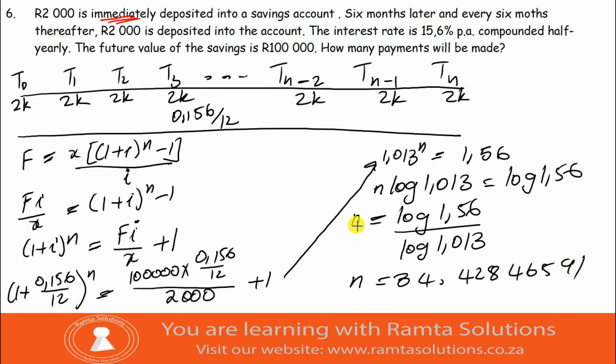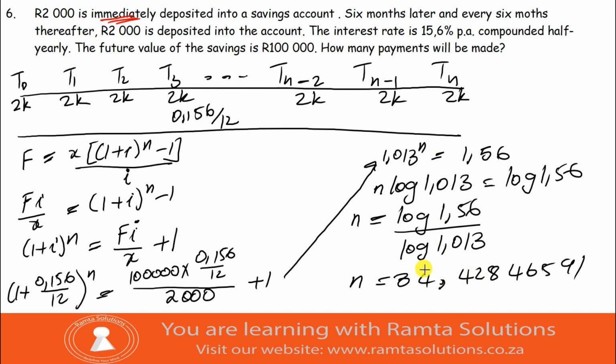34.42846591. You can conclude and say n equals, it has jumped into a full 34 months. We can conclude that it is basically 35 months. It's okay to say it's 35 months because it has jumped into the 35th month.